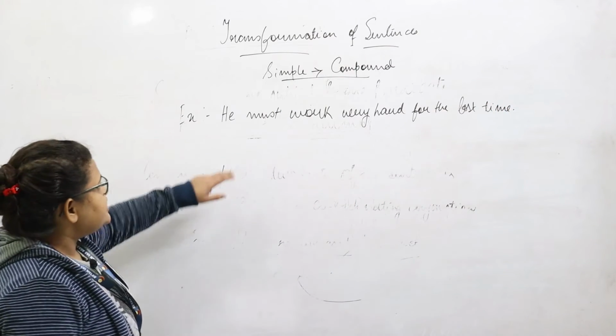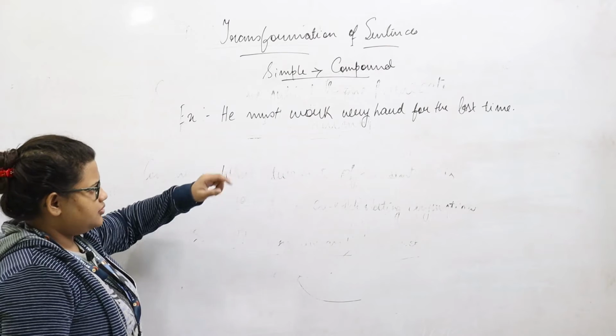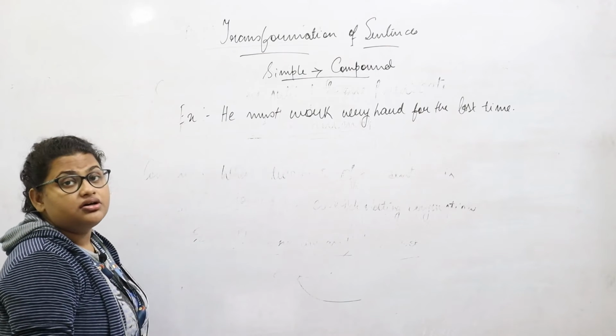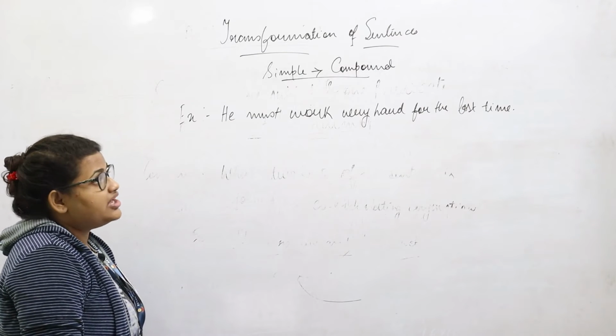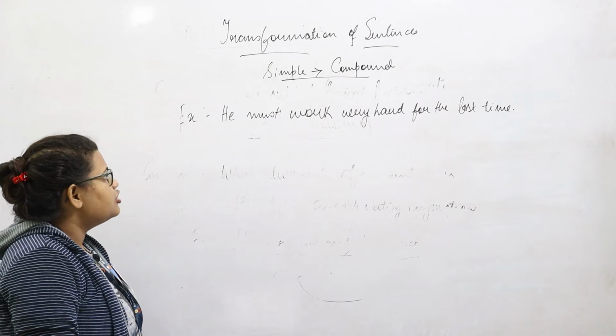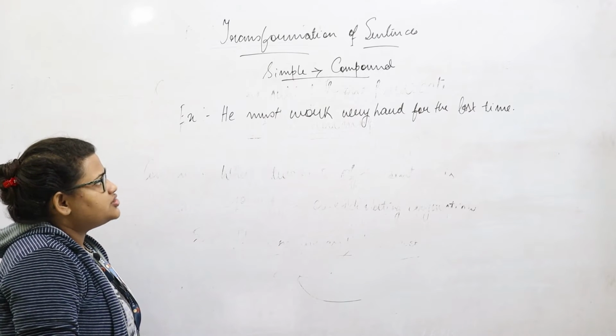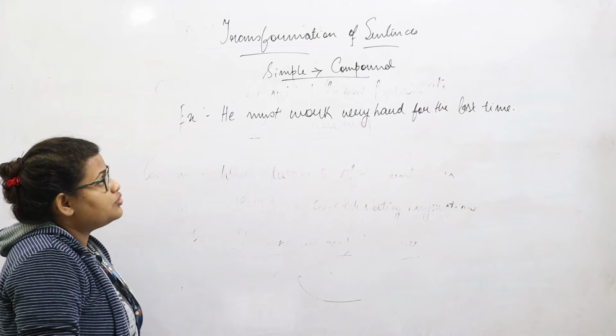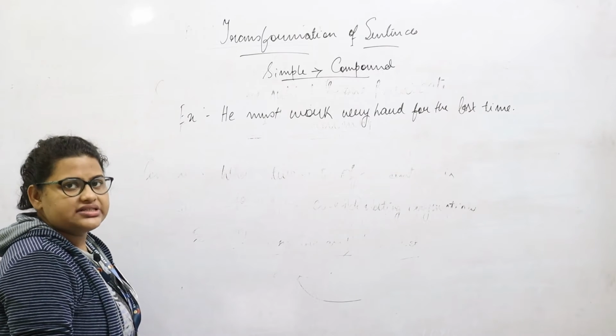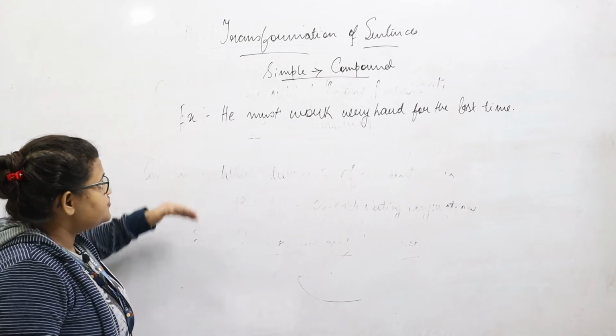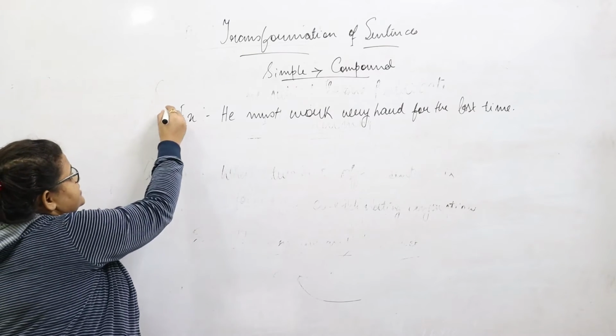So in this sentence, he is the subject, and the action that the subject does, must work very hard for his lost time, is the predicate. As you can see in this sentence, there are no joining words. It is just with the construction that we have used. He must work very hard for the lost time. So this is a simple sentence.